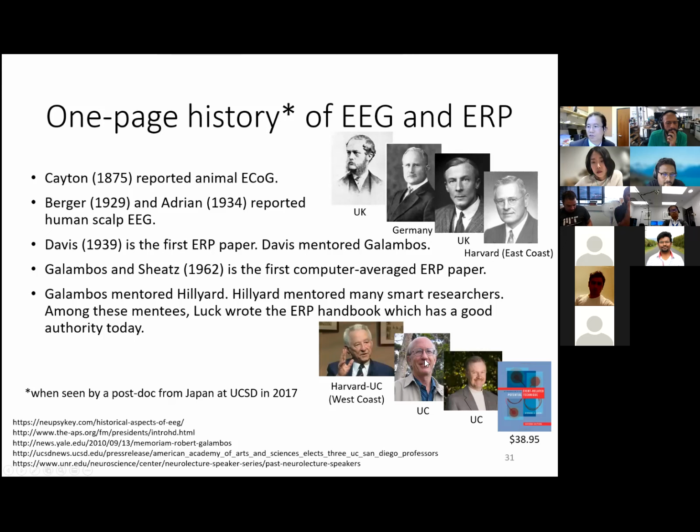And he mentored a couple of famous people here. He is Steven Hillyard, and this is Steven Luck. He is the mentor of this guy. So the University of California, San Diego, he studied in the neuroscience department. Since then, this UCSD has produced a lot of good EEG research.